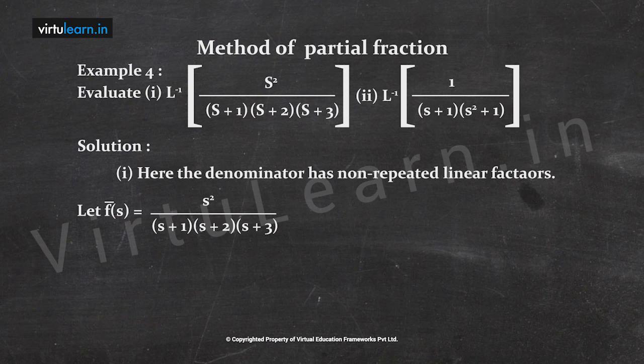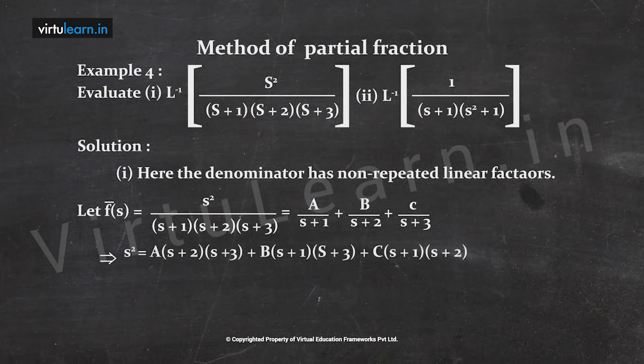This can be written as a by s plus 1, b by s plus 2, plus c by s plus 3. According to the partial fraction rule, s square equal to a into s plus 2 into s plus 3, plus b into s plus 1 into s plus 3, plus c into s plus 1 into s plus 2.